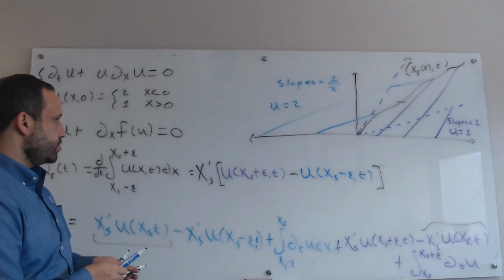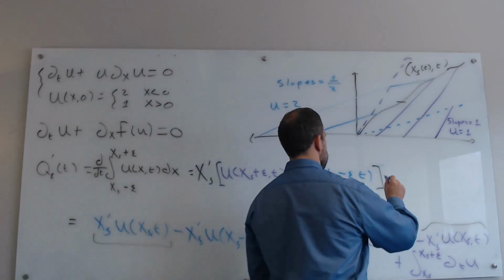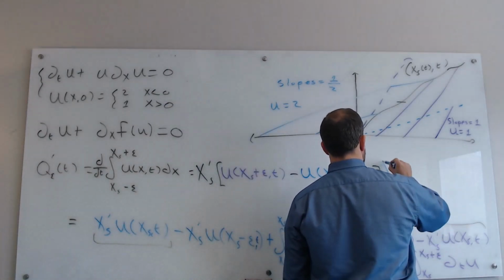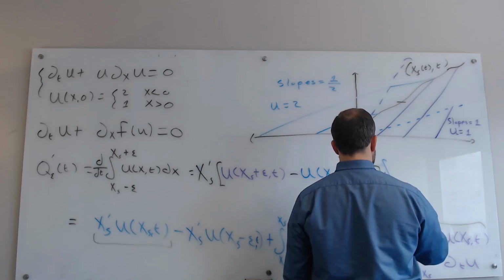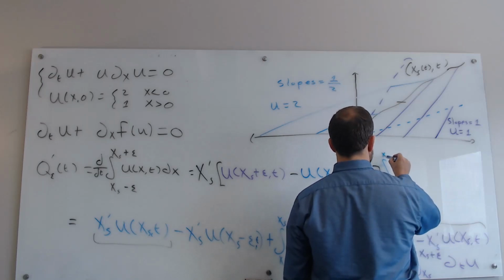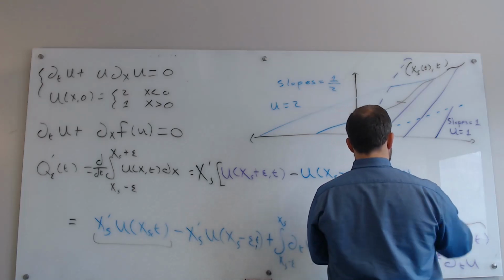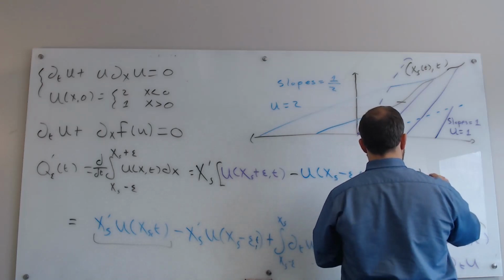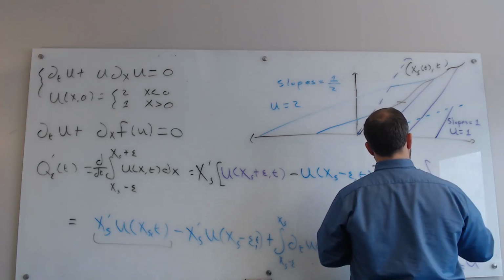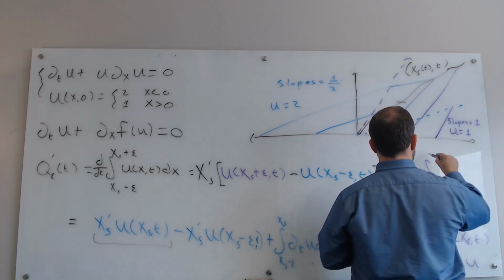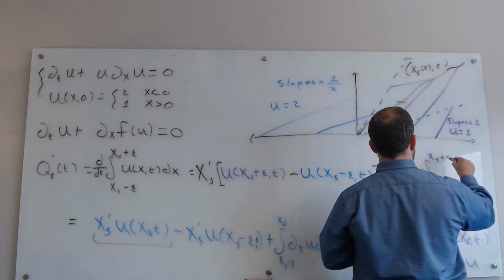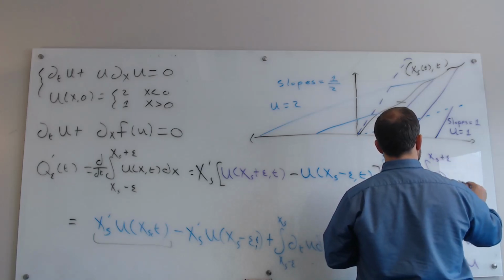And then I'm going to write the two integrals, so it's going to be plus the integral from xs minus epsilon to xs of the t derivative of u, plus the integral from xs to xs plus epsilon of the t derivative of u.